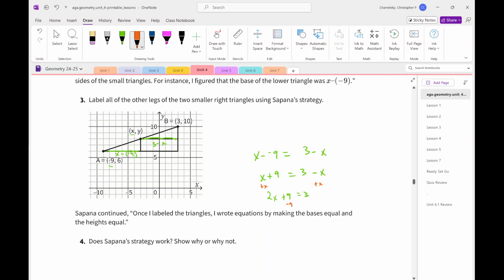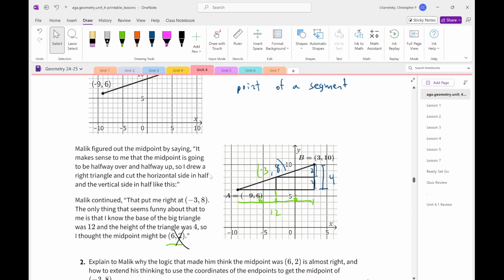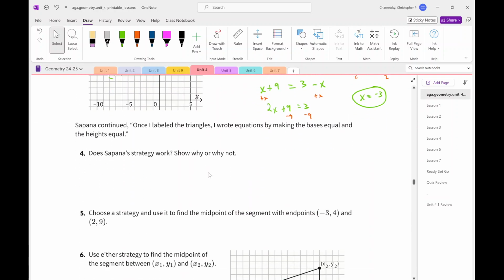We will subtract 9, minus 9. And we have 2x equals negative 6. And then if I divide by 2, we get x equals negative 3, which was our coordinate. So that method works. Okay.